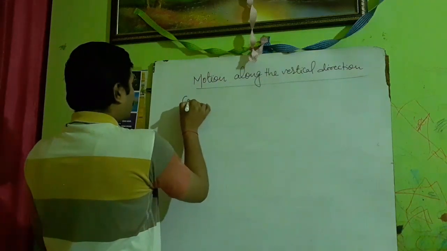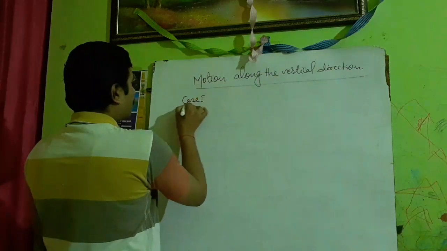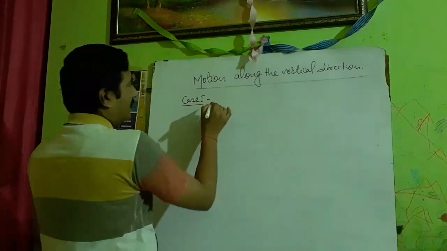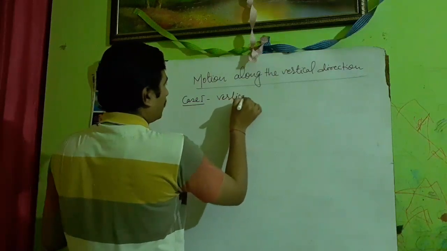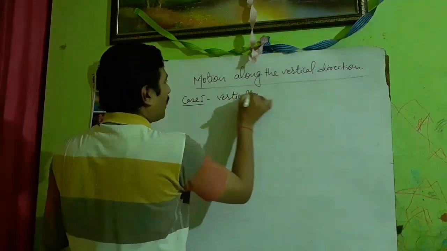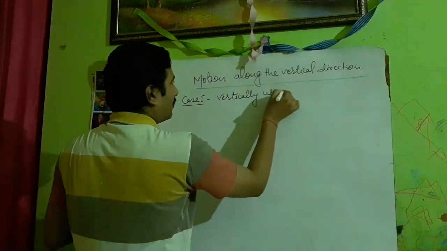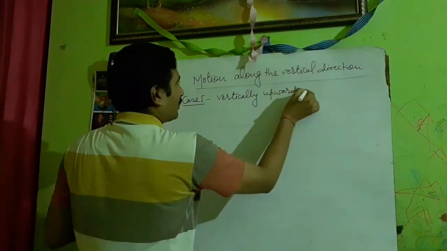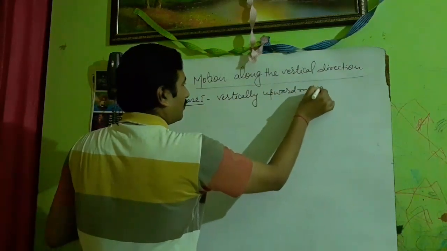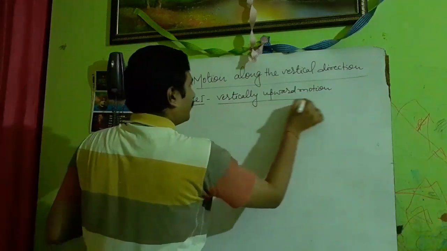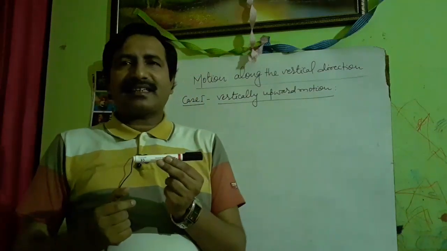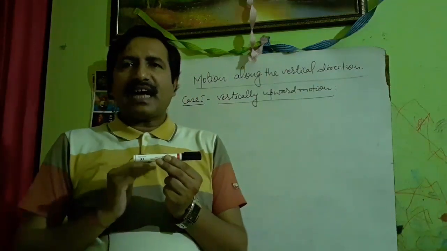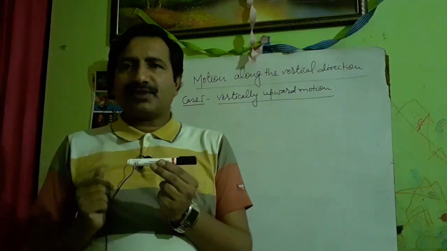Case 1. Vertically upward motion. See, is it possible to send this marker upward without assigning any initial velocity?